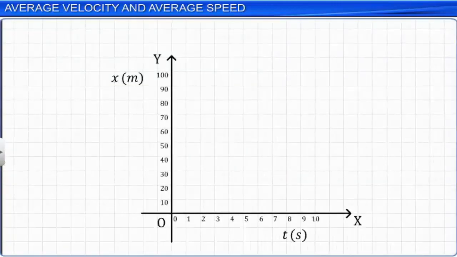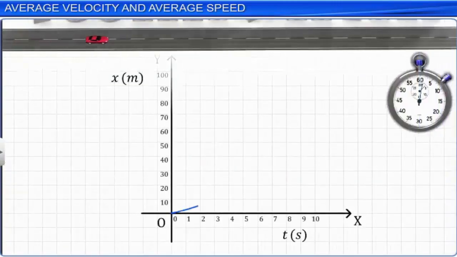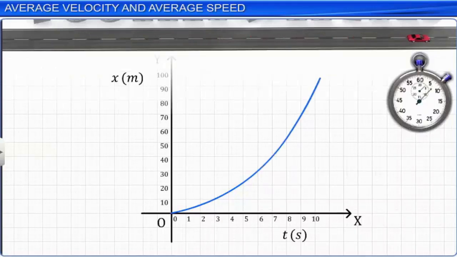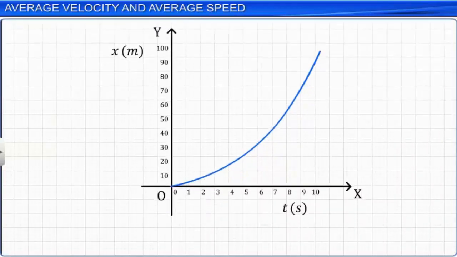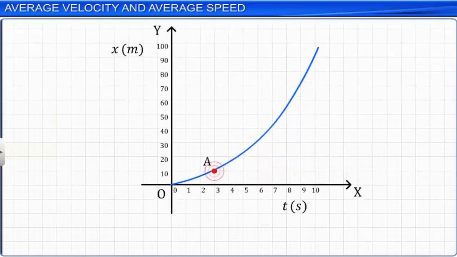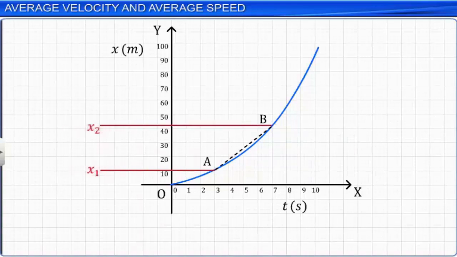A body starts at the origin and travels through a certain distance x meters in time t seconds. Let us mark two points A and B on the graph obtained. Let us study the motion of the body from point A to point B in detail. x1 and x2 are the positions of the body at times t1 and t2 respectively.